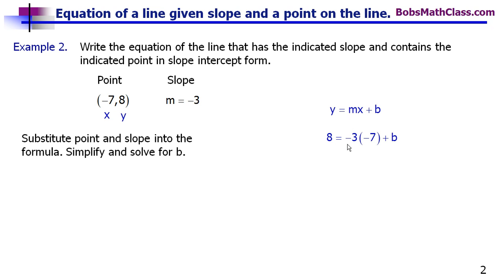So replacing those values, now we can work it out. Negative 3 times negative 7 will be 21. Subtract 21 on both sides. So 21 minus 8, that'll be 13. Make it negative because 21's larger.